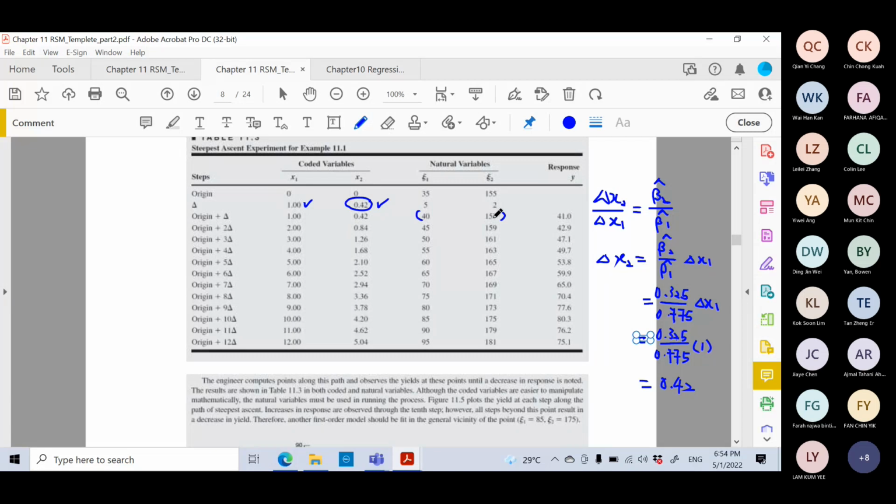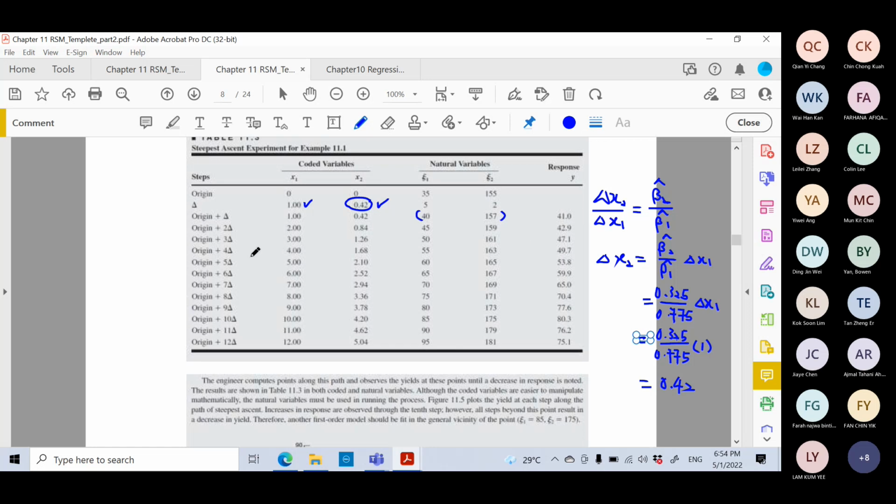Based on this, you run the experiment and you get the response equal to 41. Then the next stage is origin plus 2 delta: you run the experiment at 45 and 159, and you get the response equal to 42.9. This value you get from the experiment.